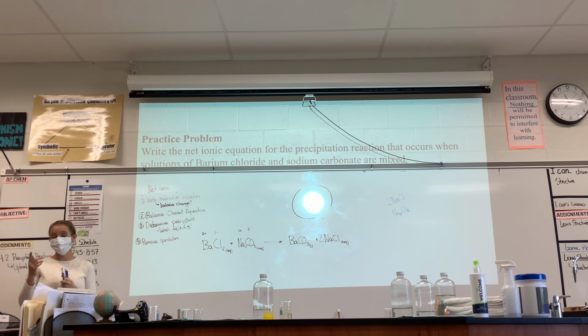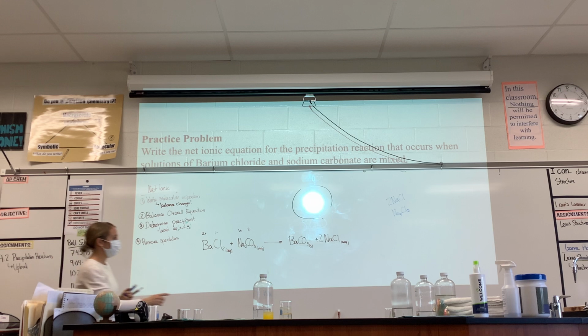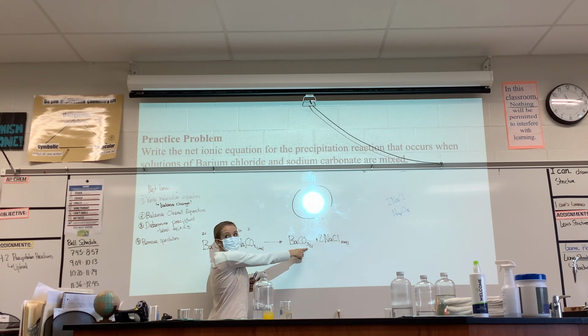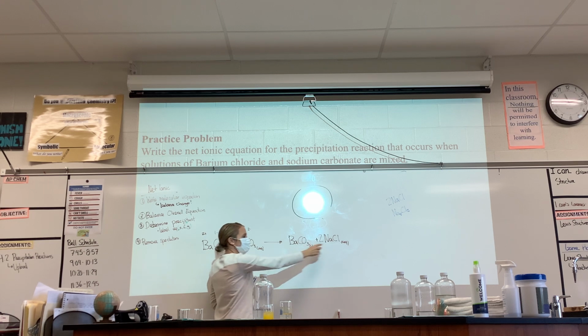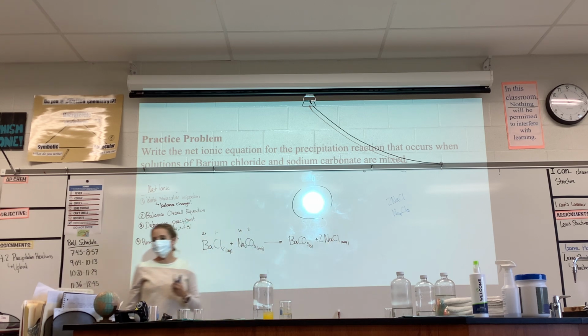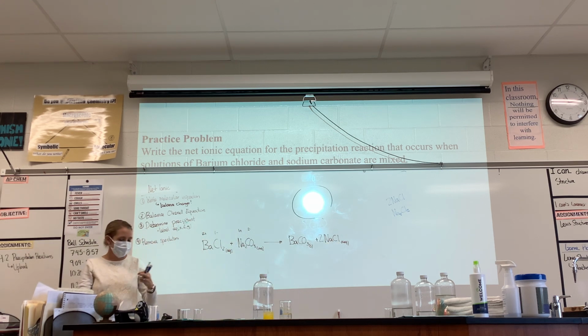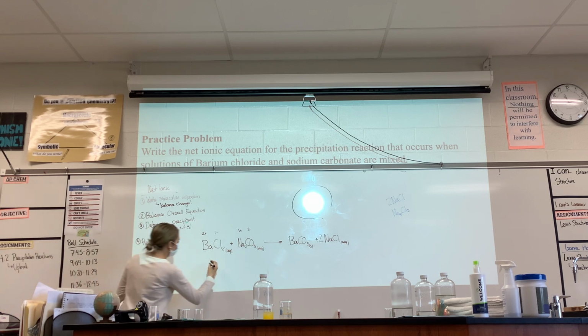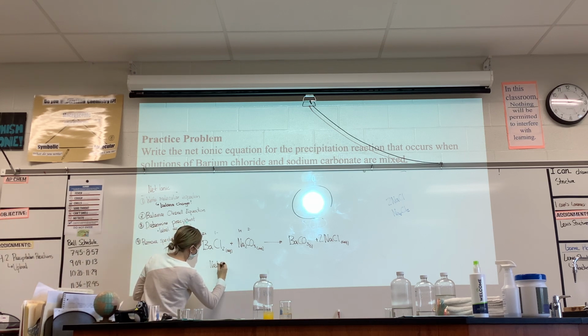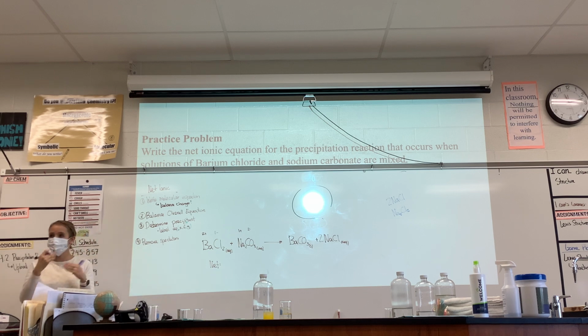Pretty much what I do is I focus on what did do something and then get rid of the rest. So in this case, I see this is my precipitant, so barium and carbonate are important, which means sodium and chlorine are not. Those are my spectators. Get out, sodium. Okay, so to write my net ionic equation, I need to turn them into ions and leave out the spectators.